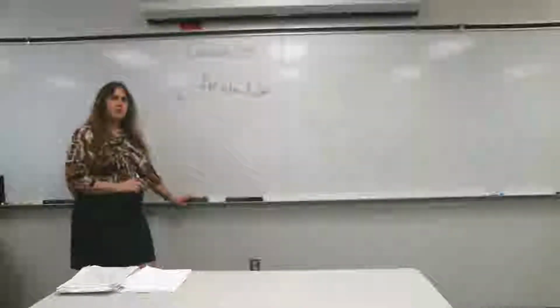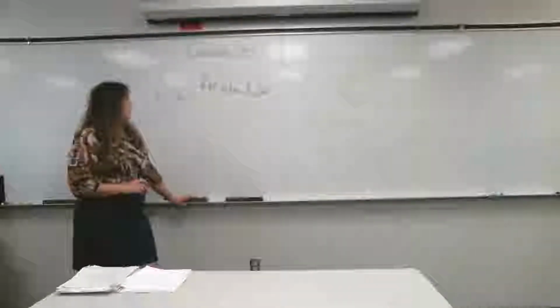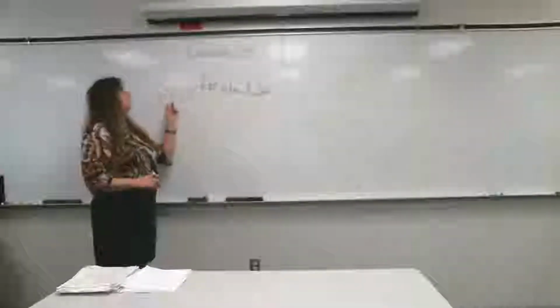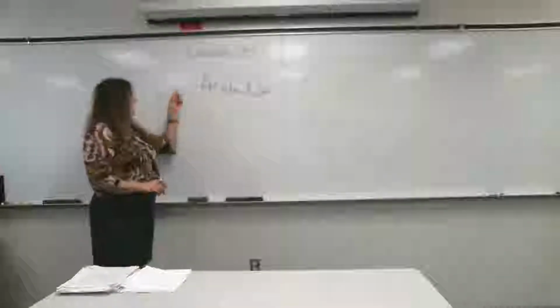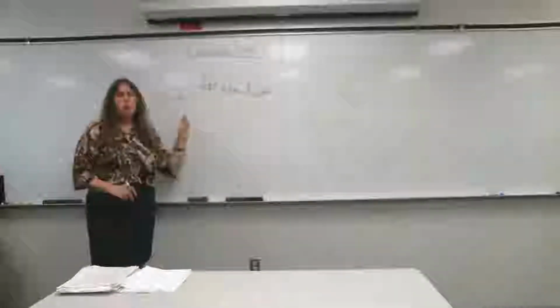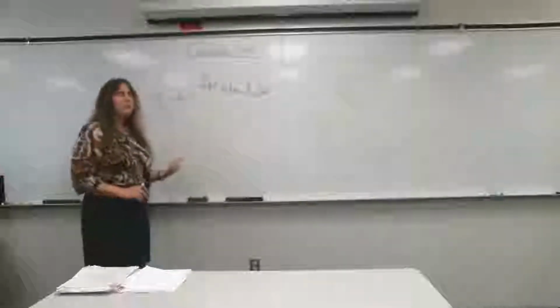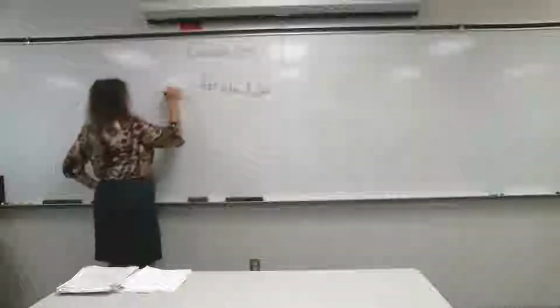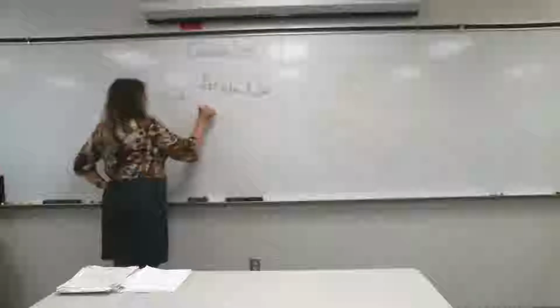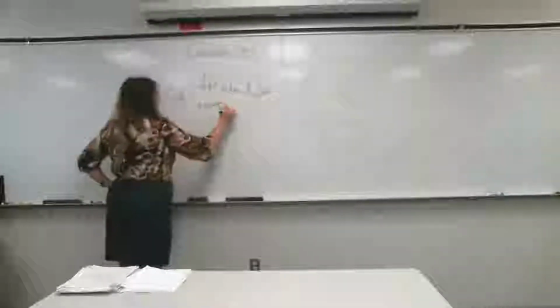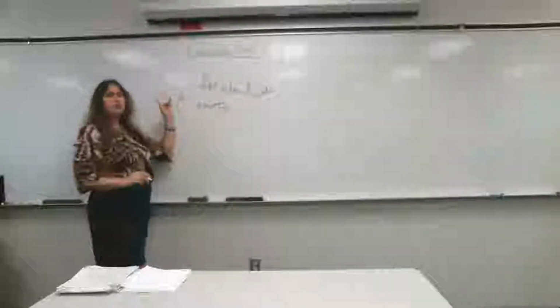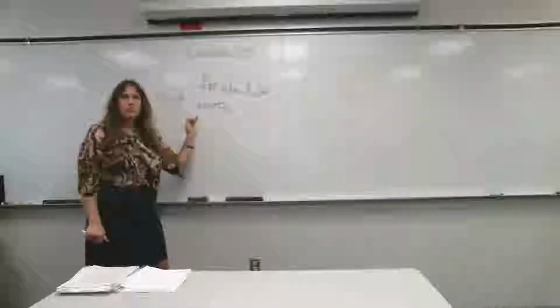Because we know the symmetry of this problem, we know that the electric field is going to have the same magnitude at equidistant points, and we know that the electric field is going to be pointing radially outwards from this. So on the left-hand side, I choose a Gaussian surface of radius little r.